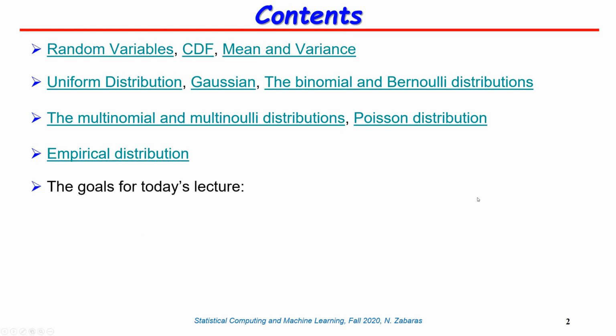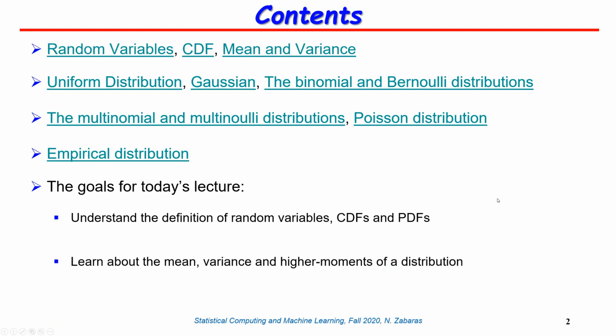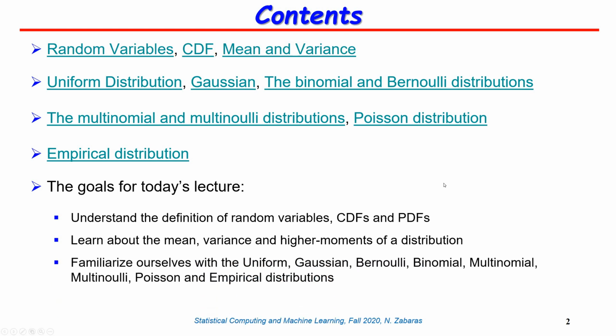So the goals for today's lecture are to understand the definition of random variables and the definition of CDFs and PDFs, to learn about the definition of the moments of a distribution and how to compute those moments, and to acquire a working knowledge of different fundamental distributions from the uniform to the empirical distribution.